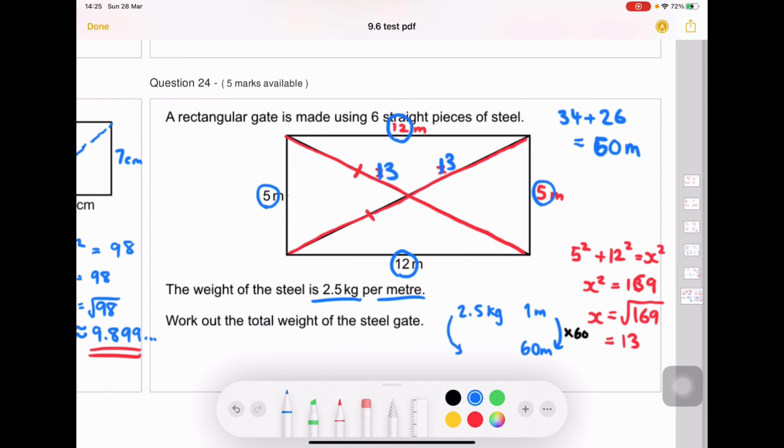So here we need to multiply it by 60. 2.5 multiplied by 60 is 150. So the total weight of the steel gate is 150 kg.